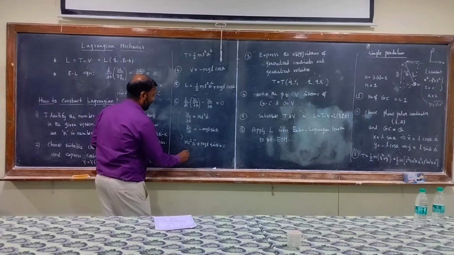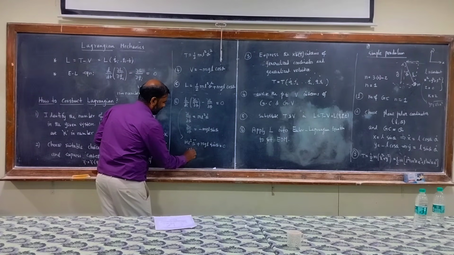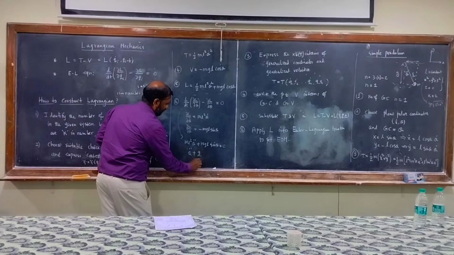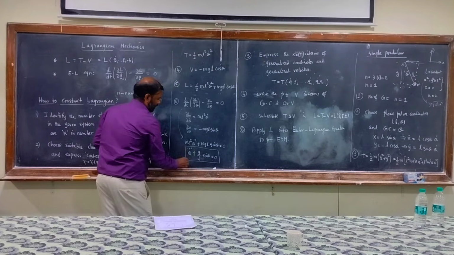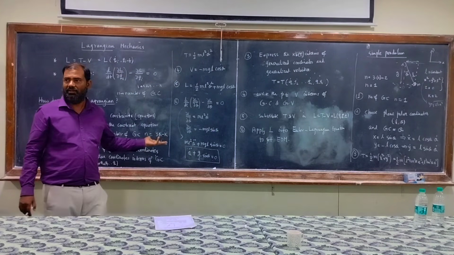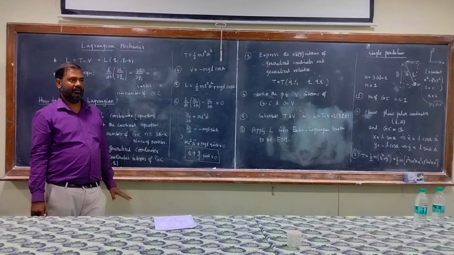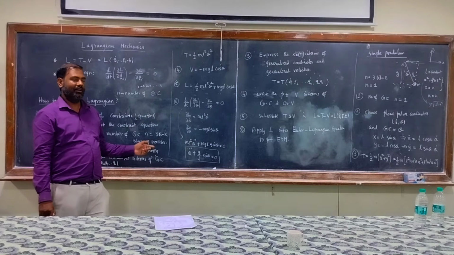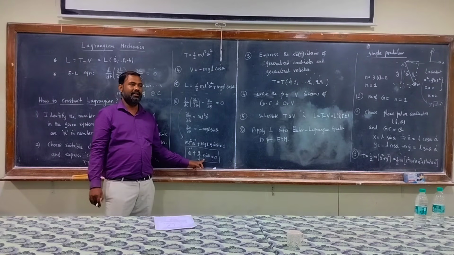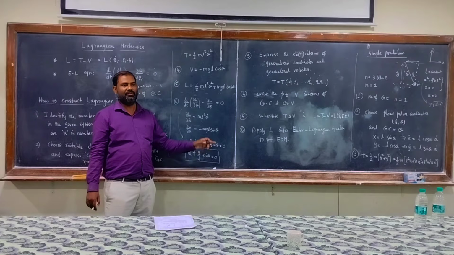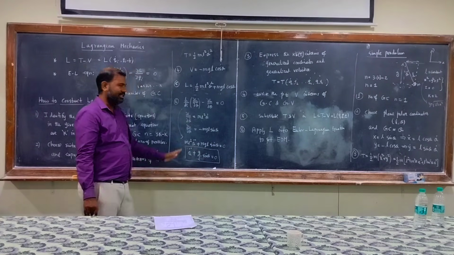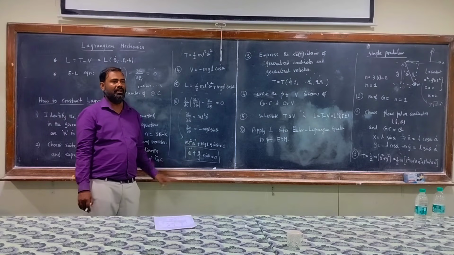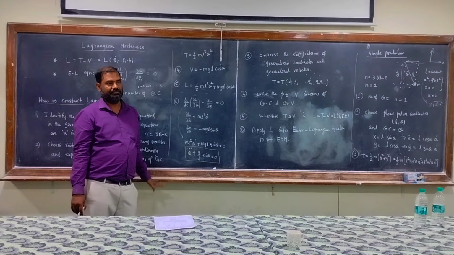I can remove the L and finally we have theta double dot equals minus g by L sin theta. This is the differential equation for the pendulum, not a simple pendulum. Why do I say pendulum? I mean a physical pendulum. If we substitute the small angle approximation for sin theta, it is simple. So this is the equation of motion, or differential equation, of this pendulum.